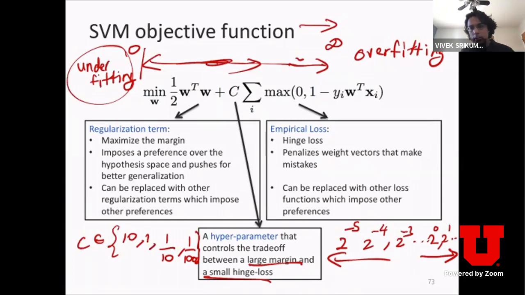How does W transpose W relate to the margin? The way it works is when we started building up the theory for support vector machines, remember that the margin is Y W transpose X divided by the norm of W. And among all the examples, imagine that this is a separable data set.